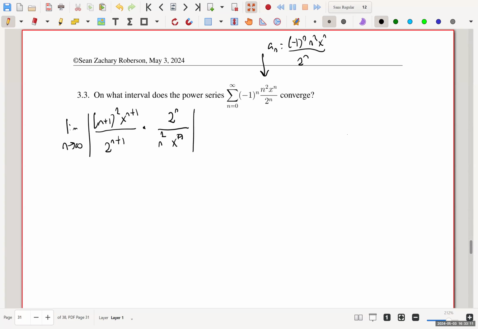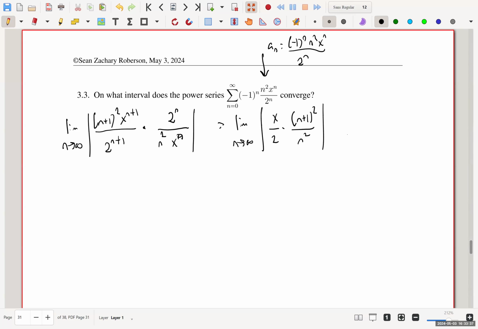Start canceling. Exponent rules. This is what this is about. When we look at all the stuff that will cancel nicely, we'll have an x, actually, we'll have an x over 2. And then we're going to have an (n+1) squared over n squared.